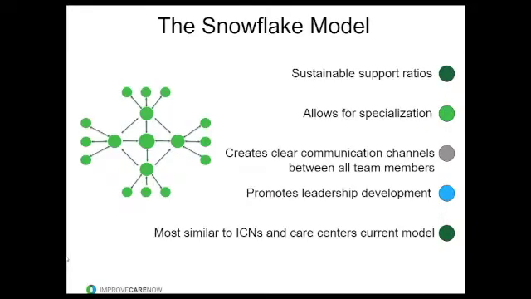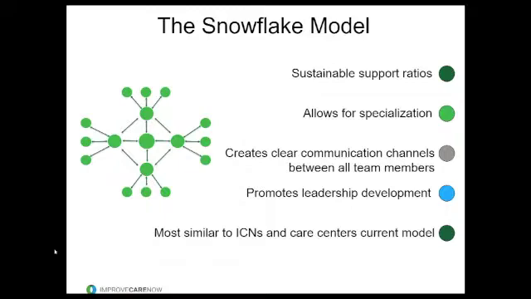Thank you. So here's our Snowflake model. In the last module, we talked about why the Snowflake model works and that it doesn't look different for every team. Hence the name Snowflake, everyone looks different, you know?